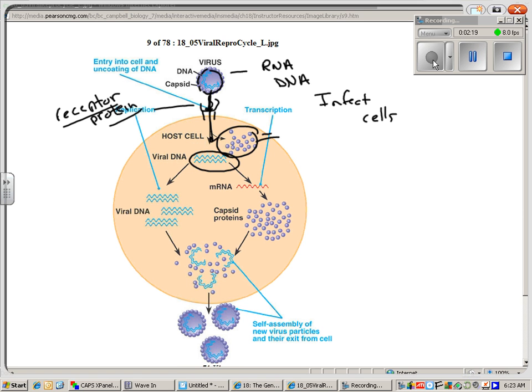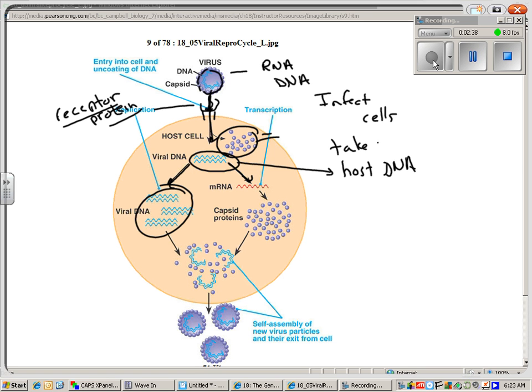So in other words, this virus's DNA will become part of the host's DNA. And when it does that, it basically makes copies of itself.